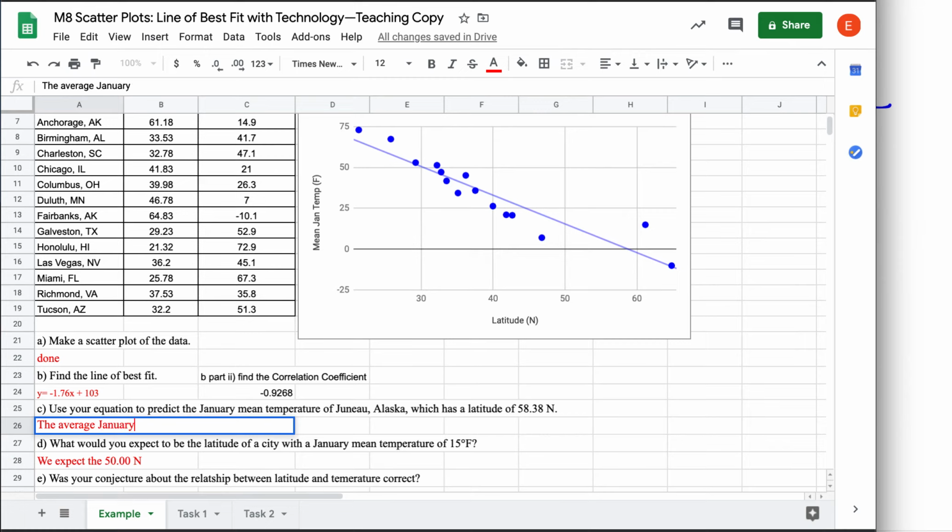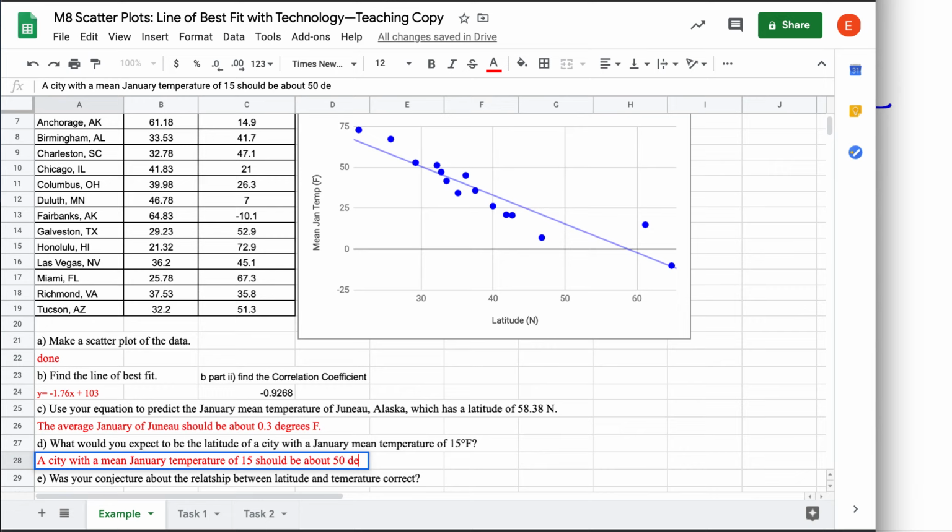The average January temperature of Juneau should be about 0.3 degrees Fahrenheit. Here we calculate it to be 50 degrees north. A city with a mean January temperature of 15 should be about 50 degrees north.